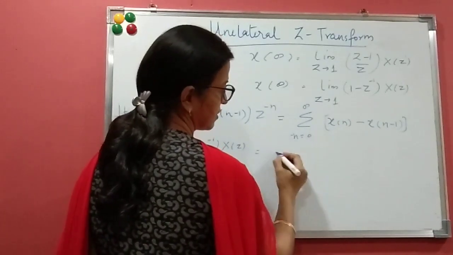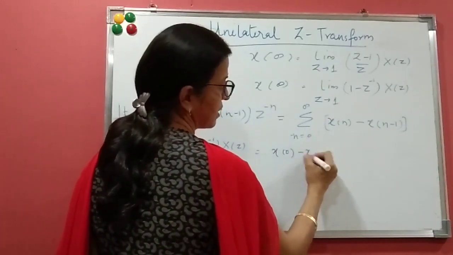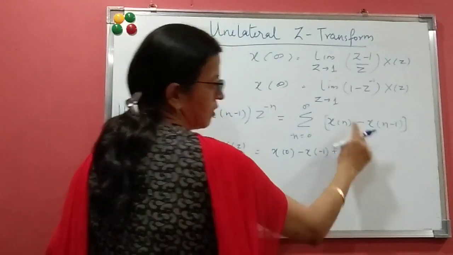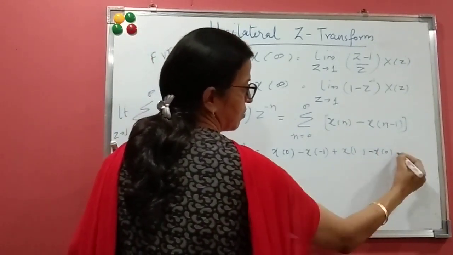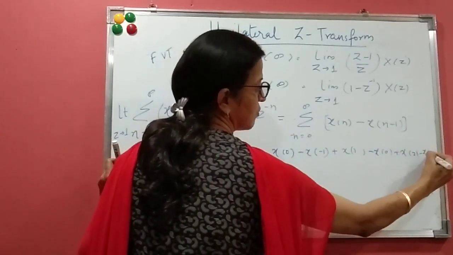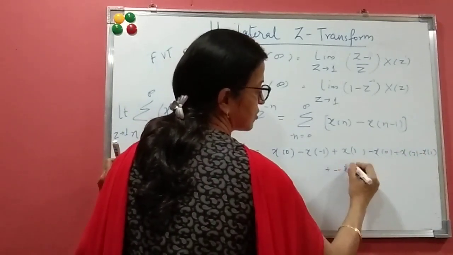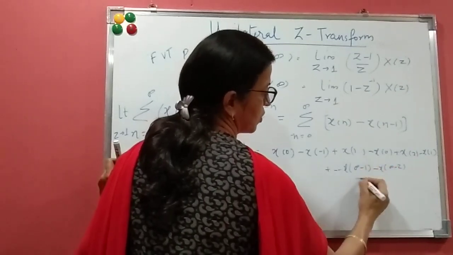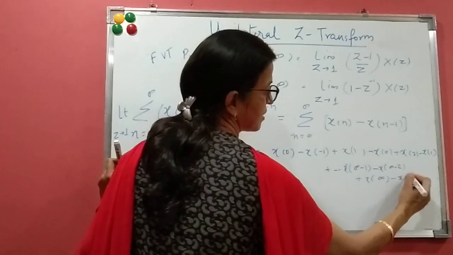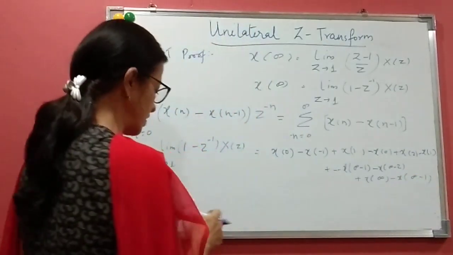Now let us put in the limits. It will be x of 0 minus x of minus 1, plus x of 1 minus x of 0, plus x of 2 minus x of 1, and so on, up to x of infinity minus 1 minus x of infinity minus 2, plus x of infinity minus x of infinity minus 1. Now what is happening here?